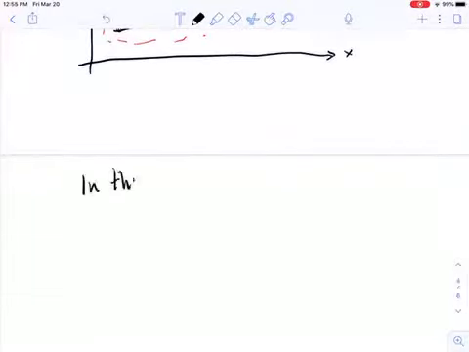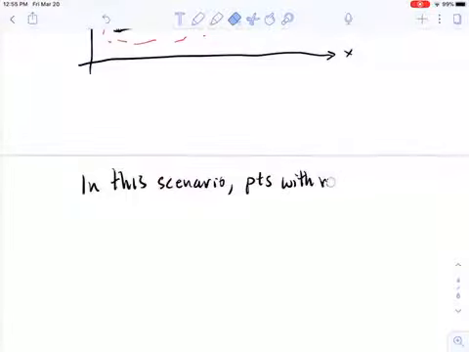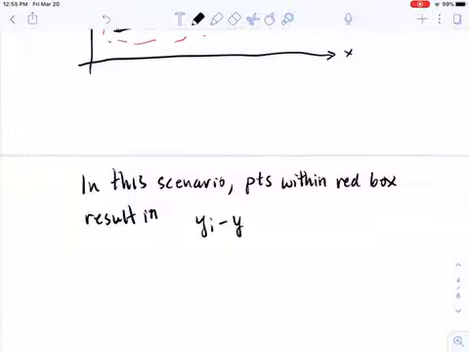So in this scenario, points within the red box result in deviations that are relatively large.